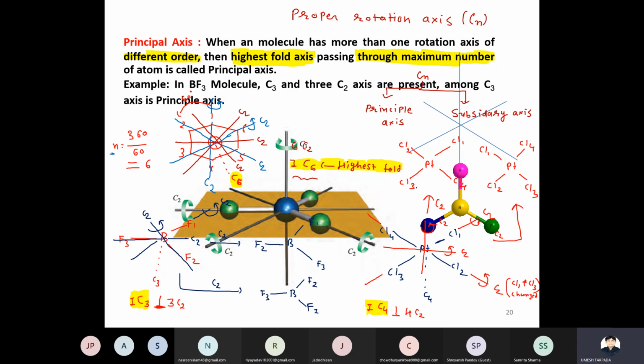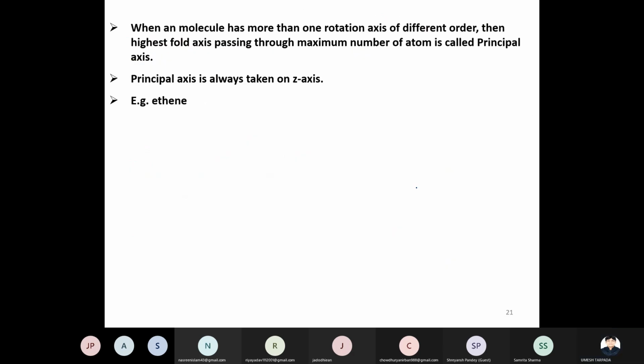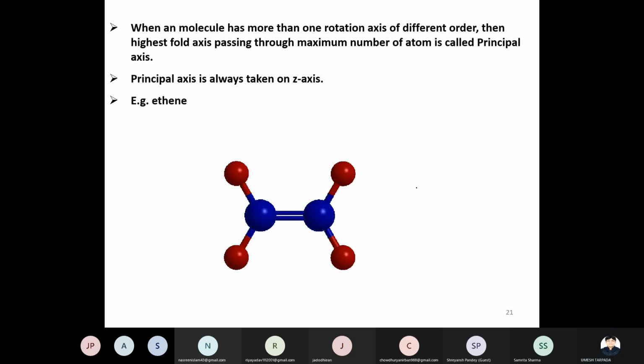So C3 and 3 C2 are present, and C3 is the principal axis. When the molecule has more than one rotation axis of different order, then the highest pole axis passing through maximum number of atoms is called principal axis, and it is generally taken on the Z-axis.